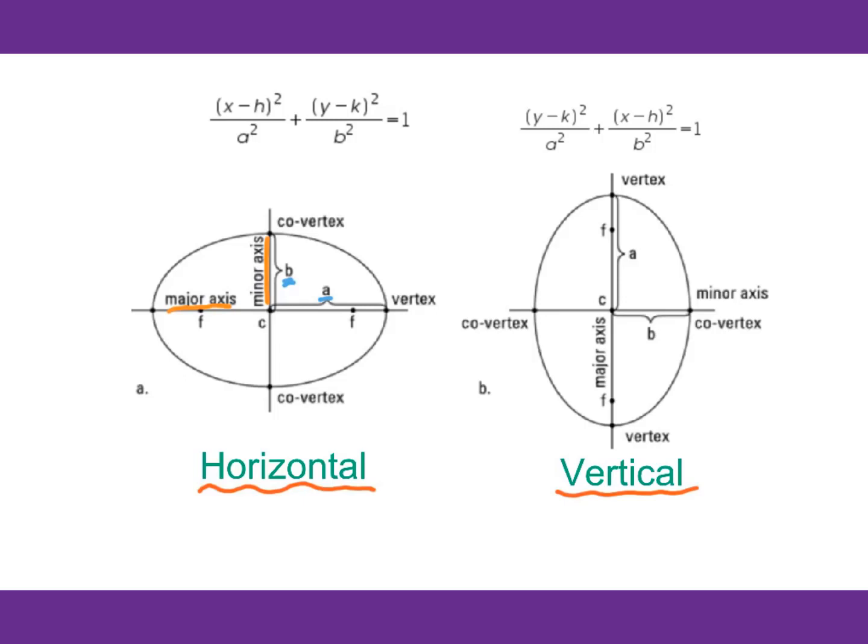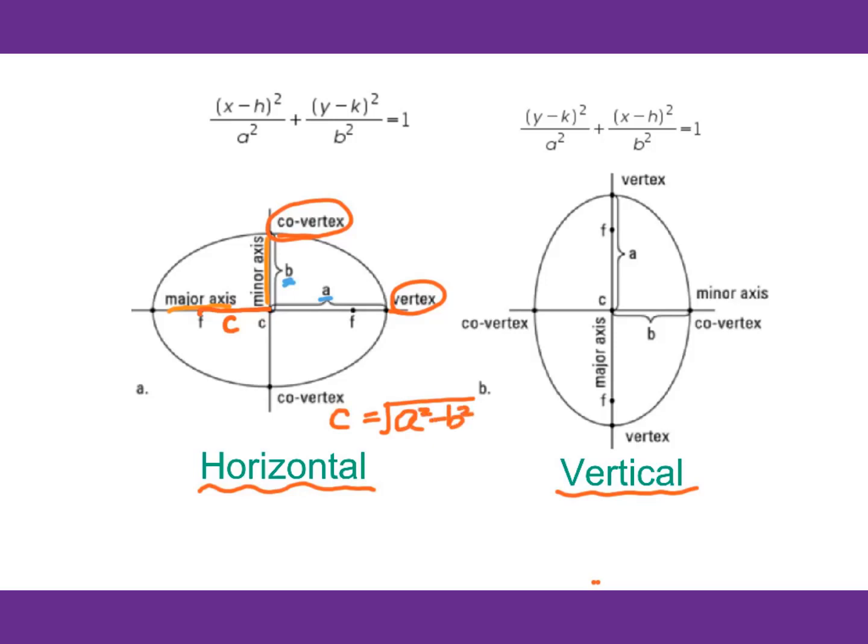On the major axis, we call them vertices. On the minor axis, we call them co-vertices. From center to the focus, we label it as C. For ellipse, C equals the square root of A squared minus B squared.